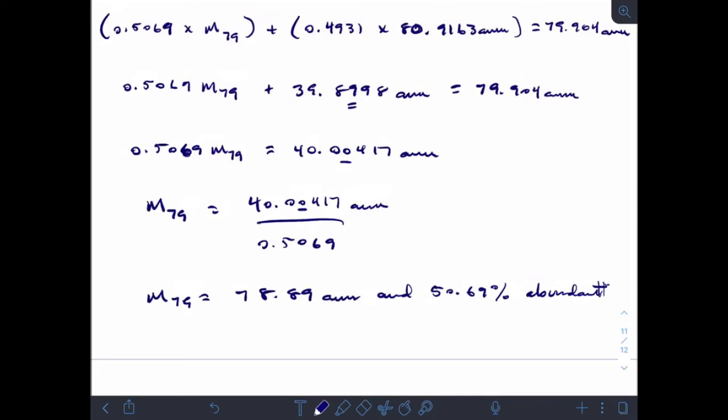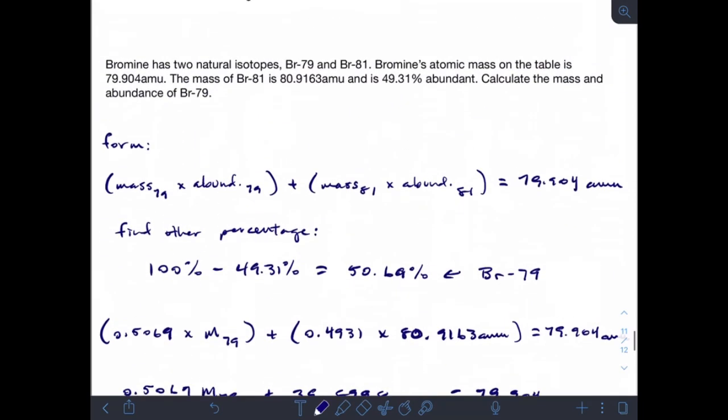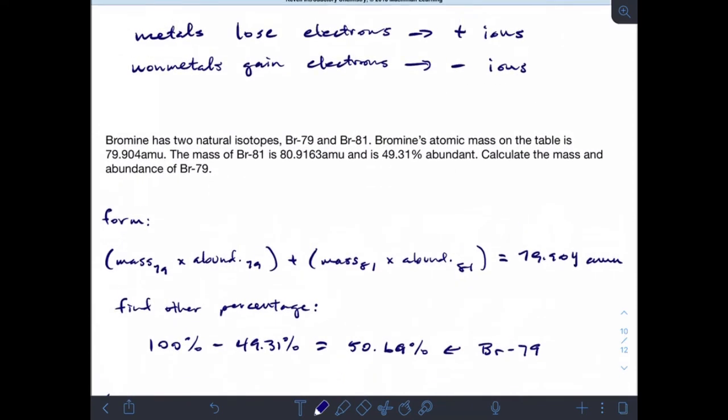The other important thing to recognize is that, coming back up to our problem here, the mass on the table is 79.904. The masses of the individual isotopes should be close to that number.